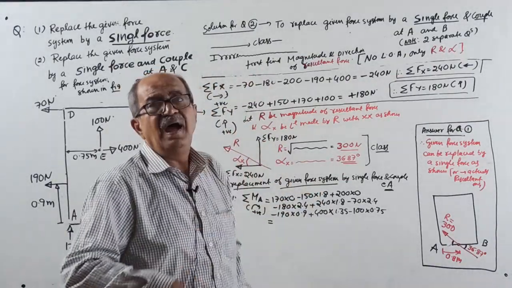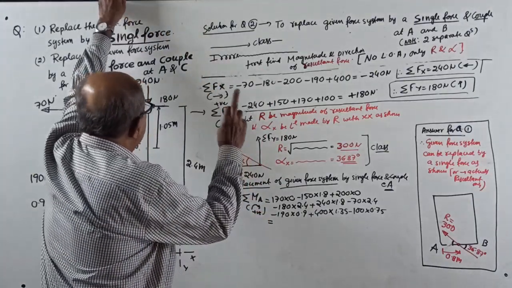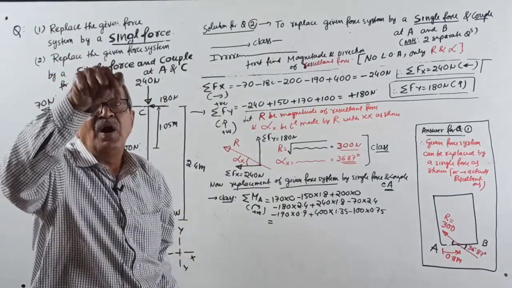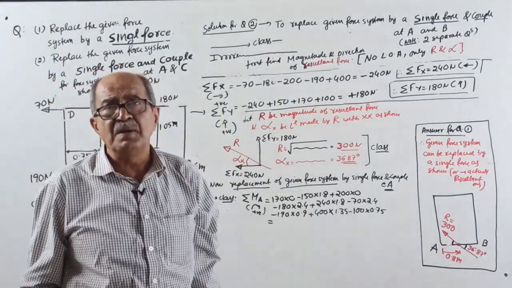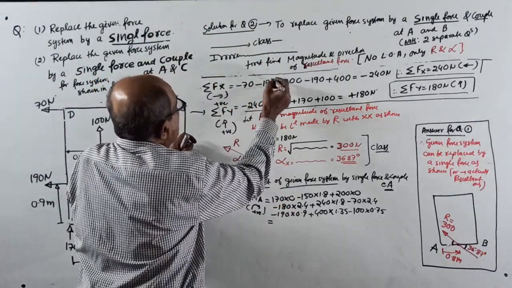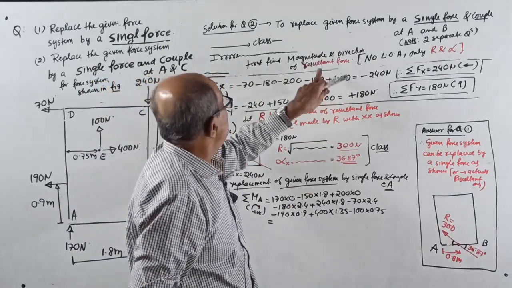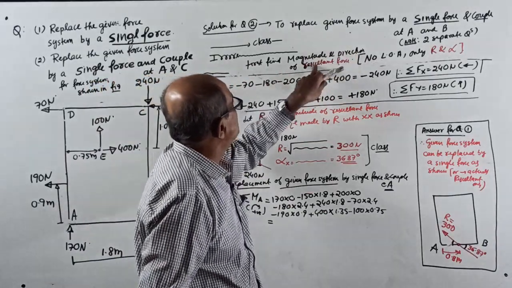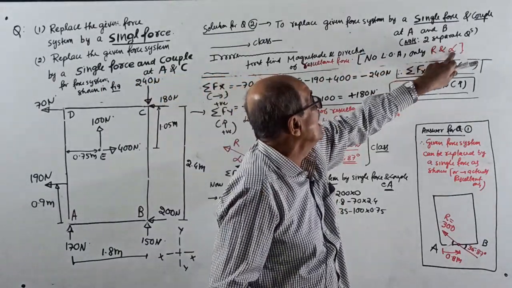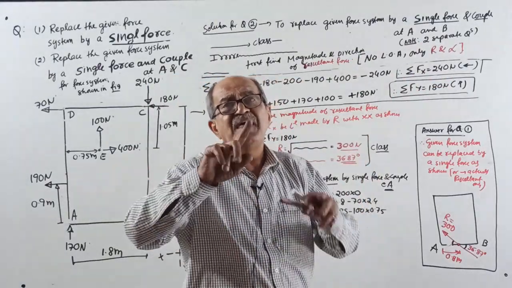The equivalent couple at that point will be the algebraic sum of moments of the given force system about that point where you want that couple. Therefore, finally, the question becomes finding the magnitude and direction of the resultant force, no line of action, only R and alpha, and also finding that couple.